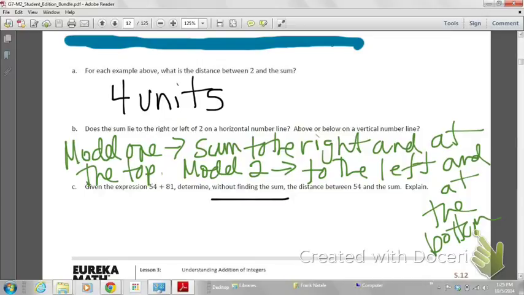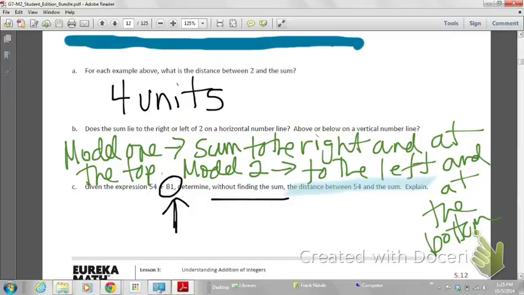So the distance between 54 and the sum happens to be the 81, right? Because you have your 54, and you're going to go 81 units to the right because it's a positive number.